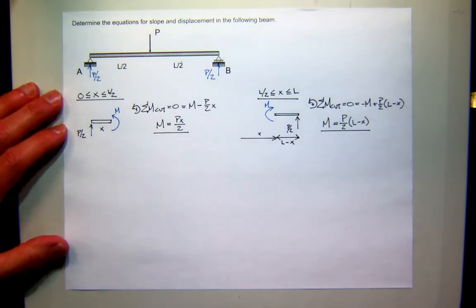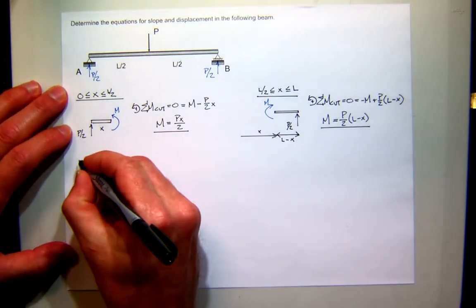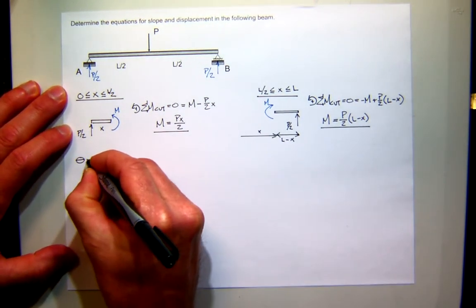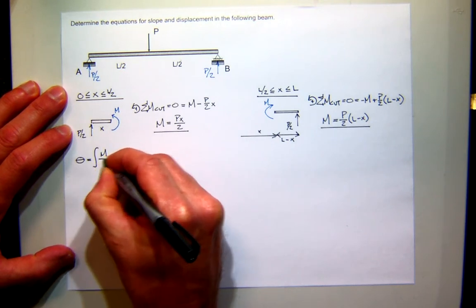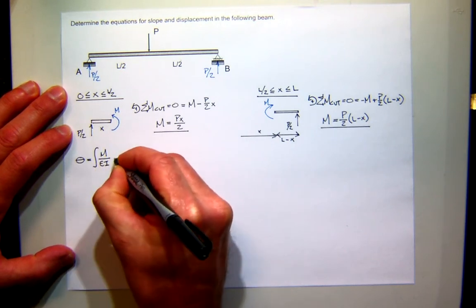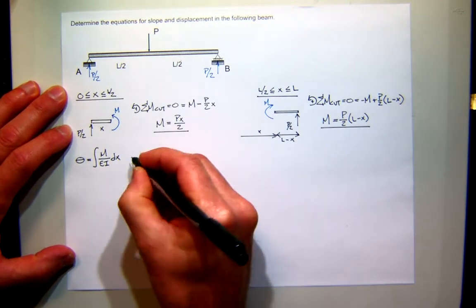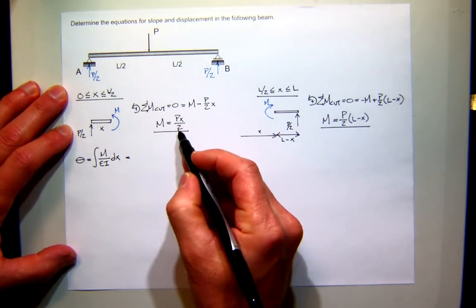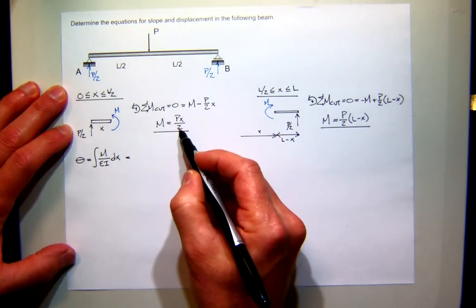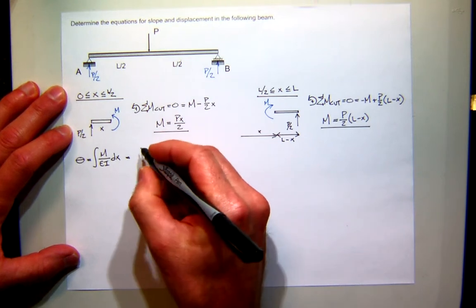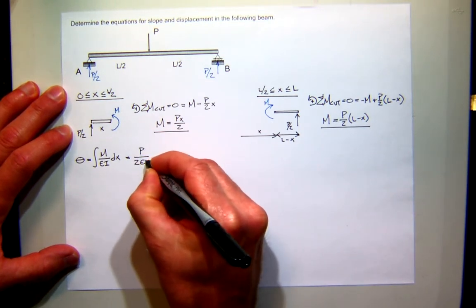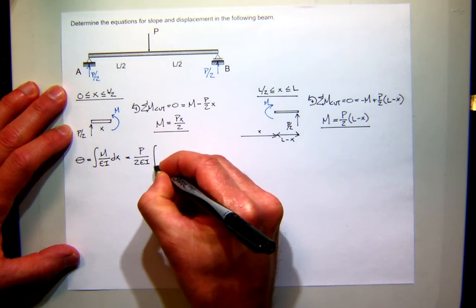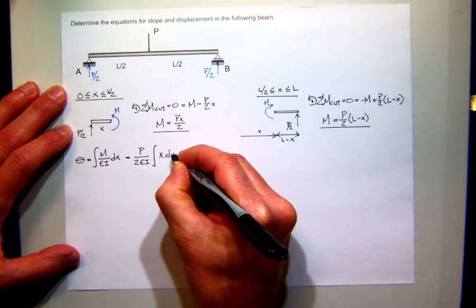We integrate. So let's go back to the first section and recall that the slope of that section is the integral of M over EI integrated along the length of the beam. In our case, looking at our equation, we've got P over 2 as a constant. So I'll pull all that out and I'll get P over 2EI, and I just have the integral of x dx.